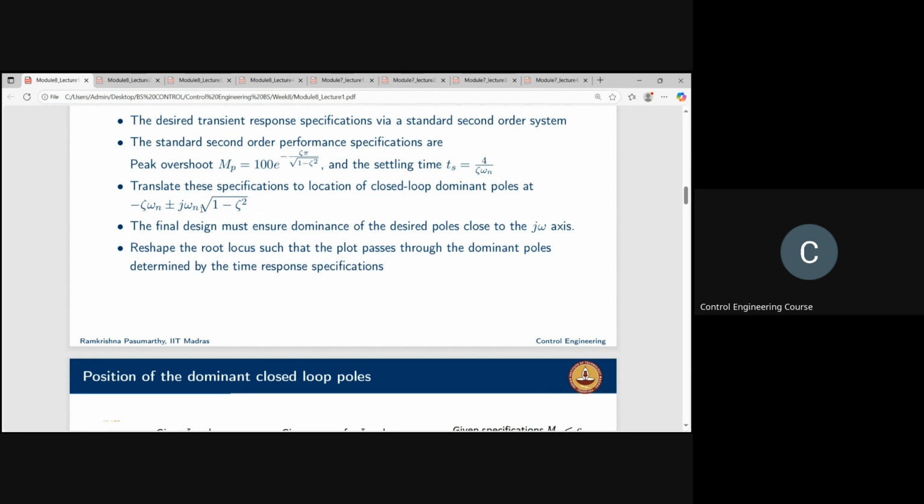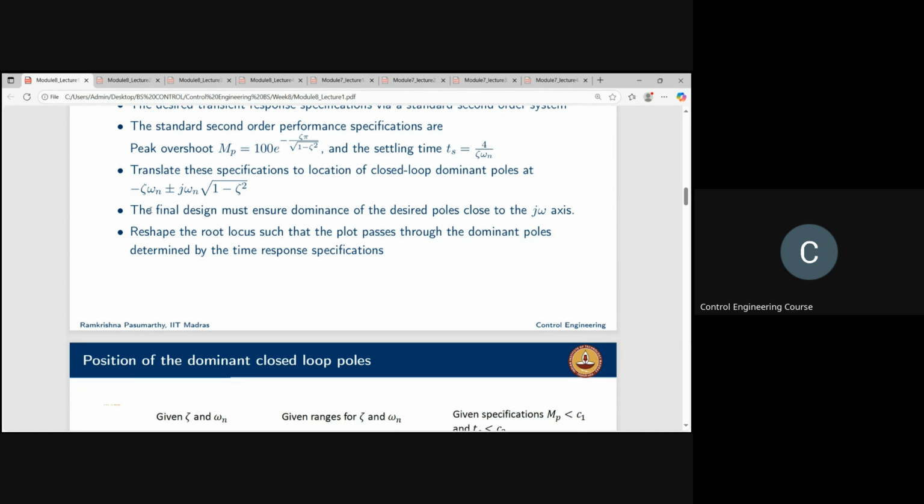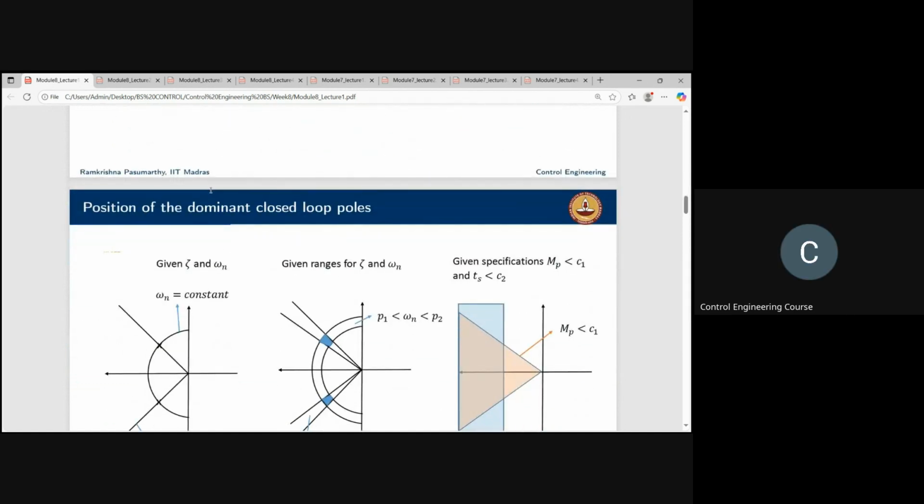When you take the argument, the omega n cancels. So theta is tan inverse of something, and the angle depends only on zeta, correct? Yes, sir. So fixing zeta is the same as fixing the angle of the pole with respect to the origin.